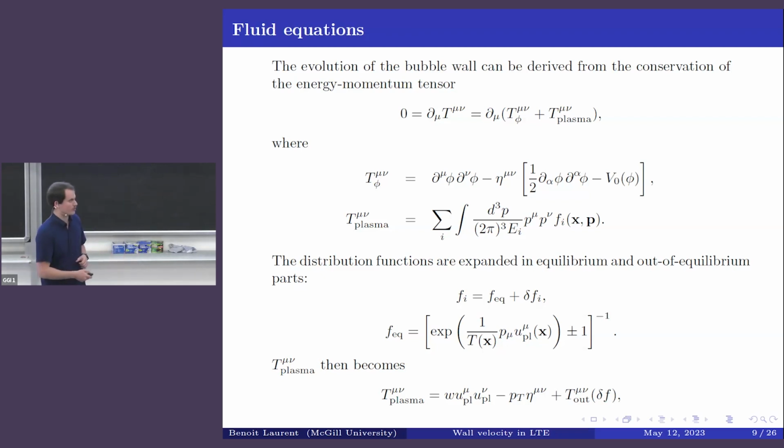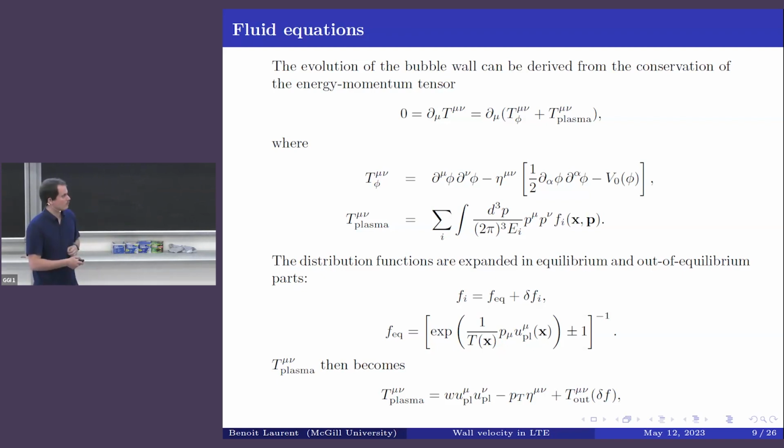This is quite important because at the end, we will want to linearize in delta f. So we want delta f to be as small as possible. And by allowing the temperature and plasma velocity to depend on the position inside the wall, the equilibrium part will fit more closely the real distribution function, and delta f will be smaller.